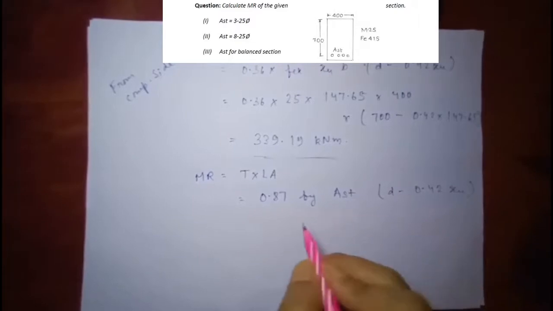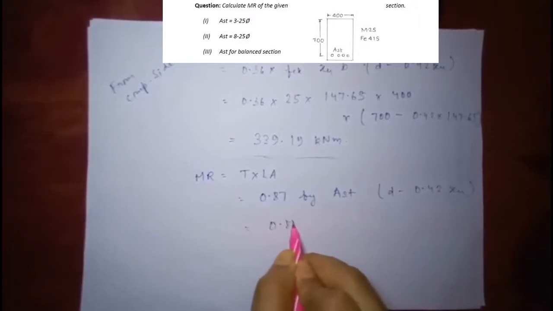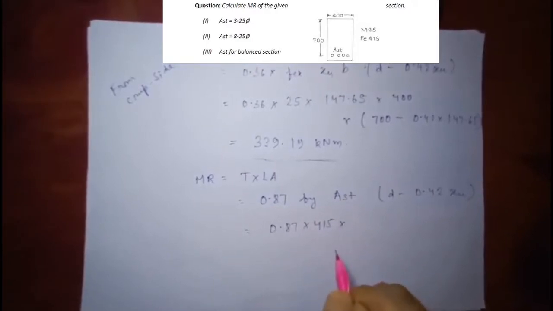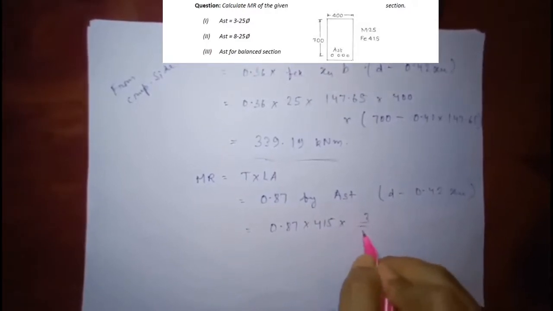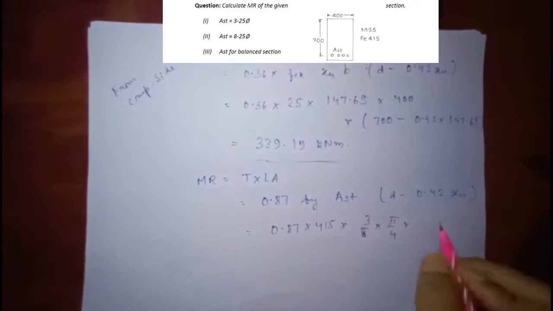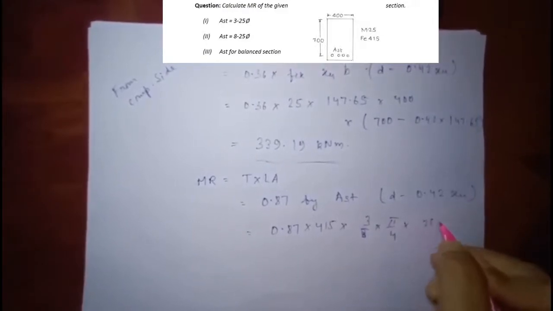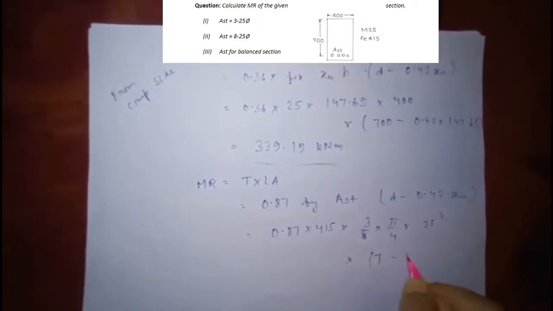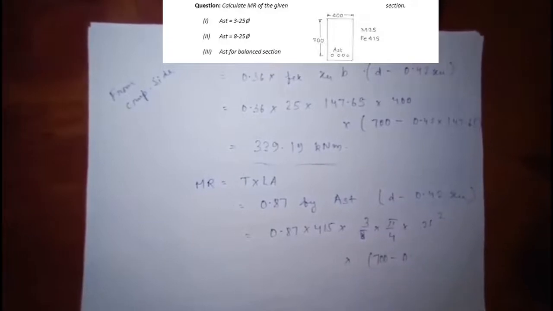So now it is equal to 0.87 multiplied by 415 multiplied by AST, which is 3 times pi by 4 multiplied by 25 square, multiplied by 700 minus 0.42 XU, where XU is 147.65.